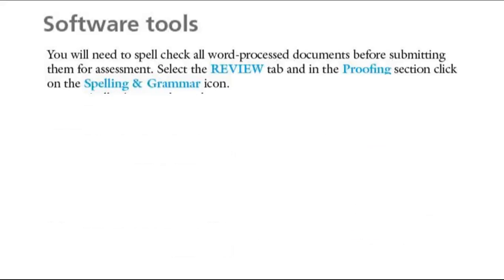So when you need to spell check all word processed documents before submitting them for assessment, then in MS Word you will have to select the Review tab, and in the Proofing section, click on the Spelling and Grammar icon.